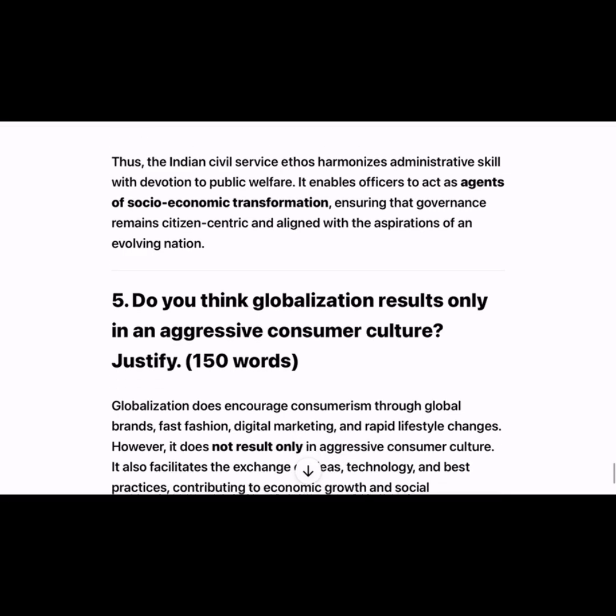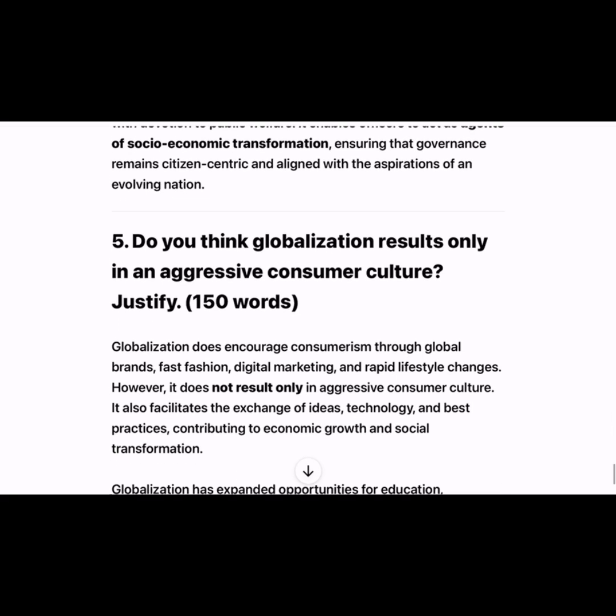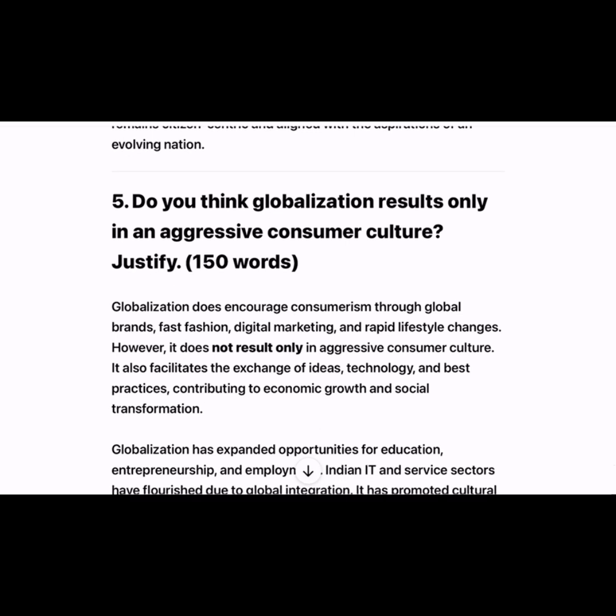Fifth question: do you think globalization results only in an aggressive consumer culture? Justify. Globalization does encourage consumerism through global brands, fast fashion, digital marketing, and rapid lifestyle changes. However, it does not result only in aggressive consumer culture.